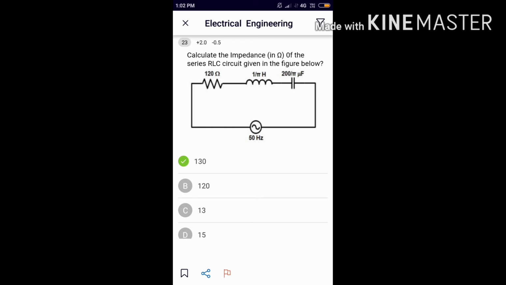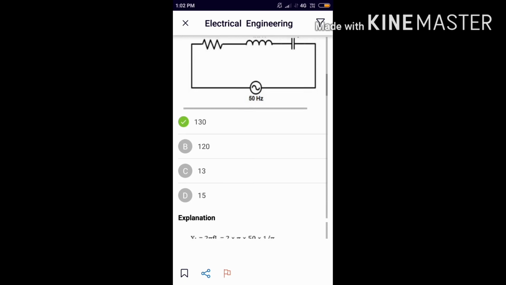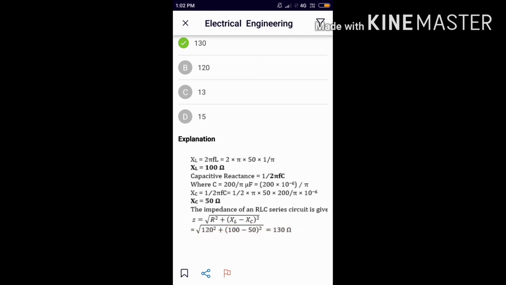This is also a figure based problem. Calculate the... We will discuss it on board in my next video.